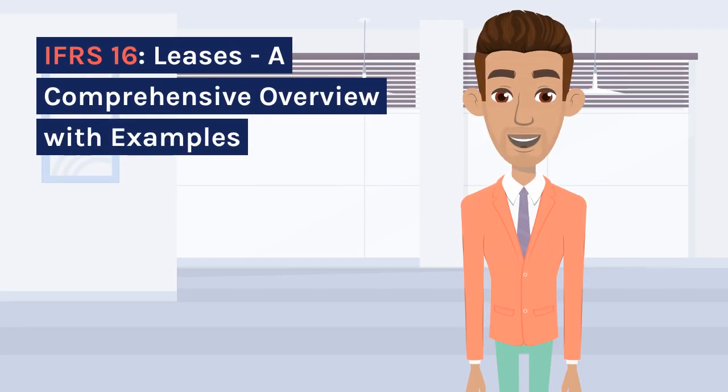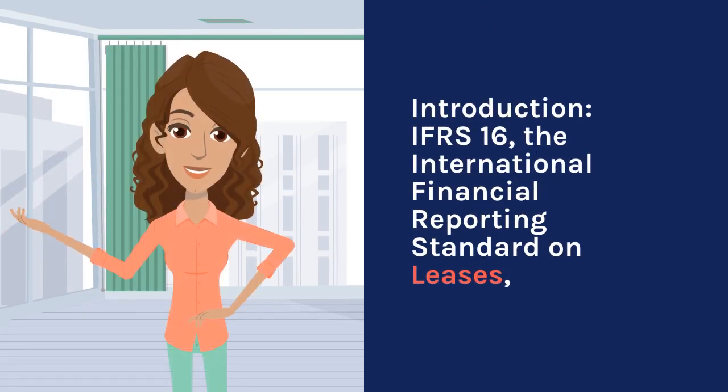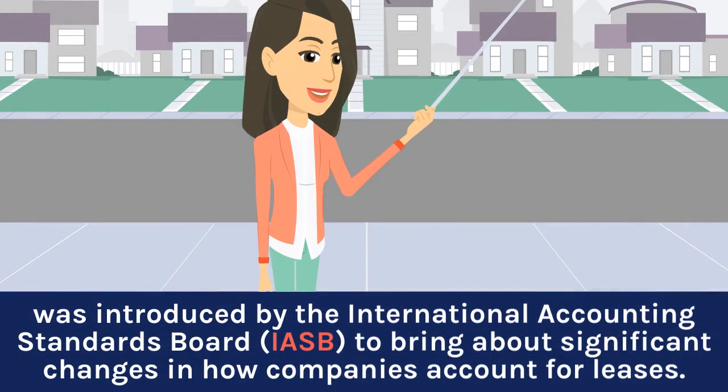IFRS 16, Leases, a comprehensive overview with examples. Introduction. IFRS 16, the International Financial Reporting Standard on Leases, was introduced by the International Accounting Standards Board, IASB, to bring about significant changes in how companies account for leases.